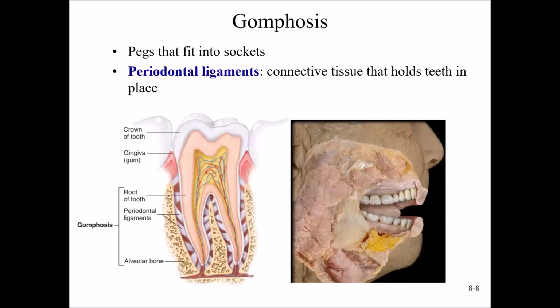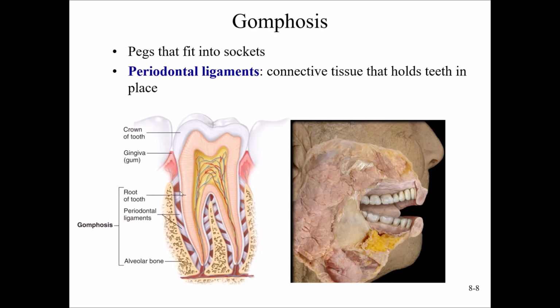The last example is called the gomphosis, and the word is telling you that technically it means you have a peg-like structure that is fit into a socket type of joint. And the classic example here is your teeth. Even though your teeth are not counted as a bone, they do have some similarities in that they have that bone matrix that we've talked about.